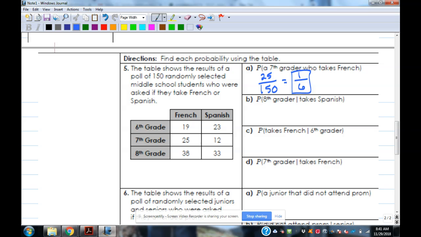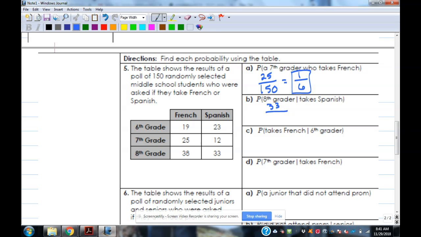Now, B part is we're picking an 8th grader given that they take Spanish. So what part of that chart are we looking at? 8th graders that take Spanish. So how many 8th graders take Spanish? 33. What's our bottom number? Where's 71 coming from? No. You add up the Spanish because what's the given? That they take Spanish.